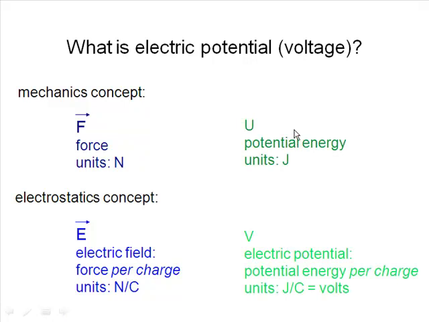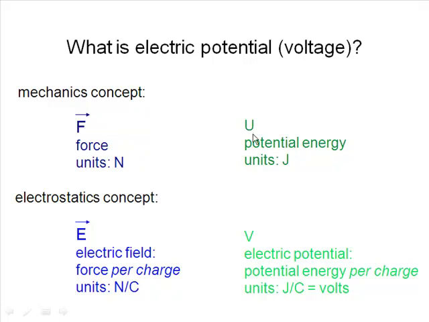Well, in the same way that in mechanics we had potential energy, when measured in joules, now we have electric potential, which is the potential energy per charge, and it has units of joules per coulomb, which have the special name volts. Probably a unit you've seen many times, either on batteries or in your house on electric appliances.